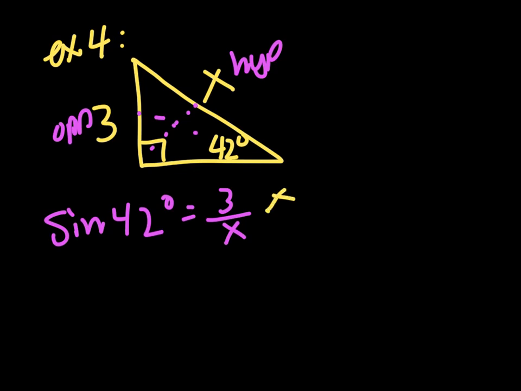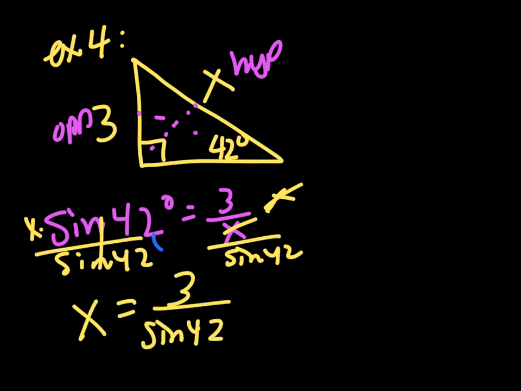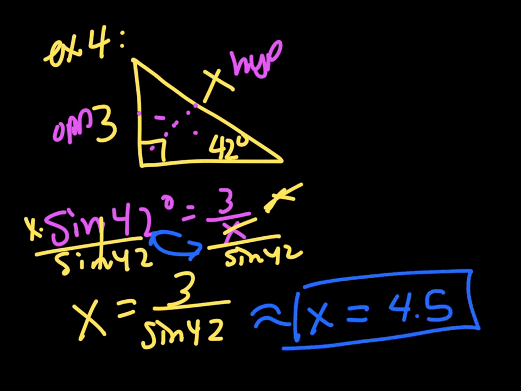You're multiplying both sides by x, and then dividing both sides by sine of 42. So you end up with x equals 3 over sine of 42. Essentially, you just switched the x and the sine of 42. When you stick that in the calculator, you're going to get x is about 4.5. And again, make sure that your mode is on degree.